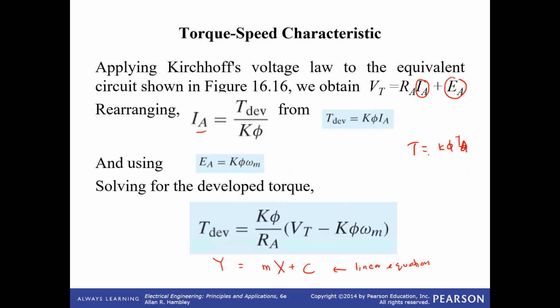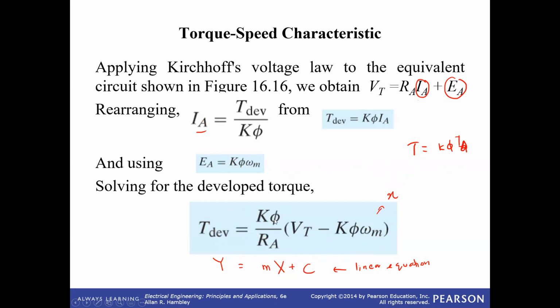So we will have a linear equation that uses torque as the main variable and the speed as your variable. This is a linear equation, which is y is equal to mx plus c. So y is your torque while x is your speed, and c is the cross at the y-axis.